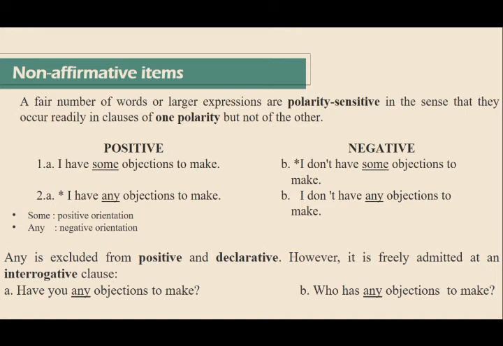Any is also excluded not only from positive but also from declarative. However, it's readily admitted in an interrogative clause, like in the examples: have you any objections to make, or who has any objections to make?